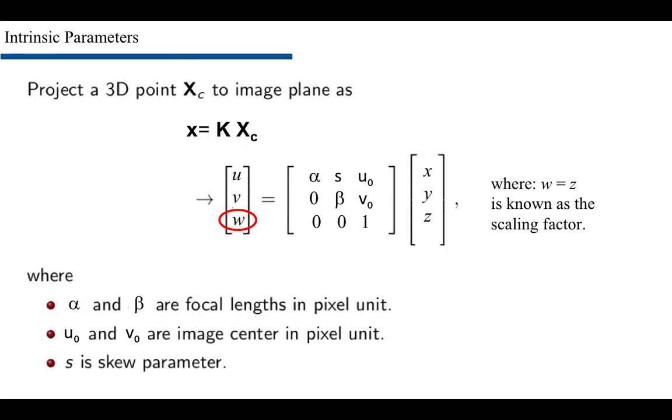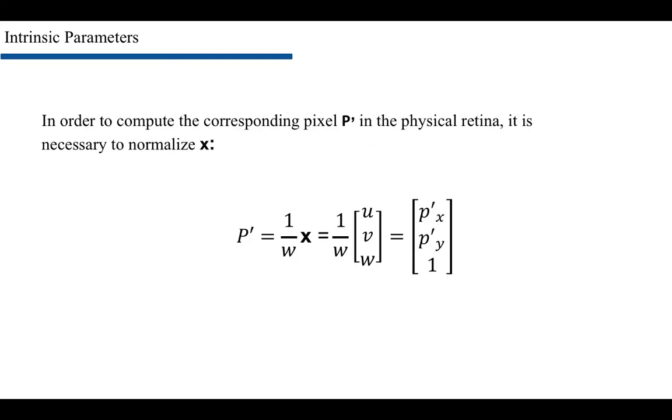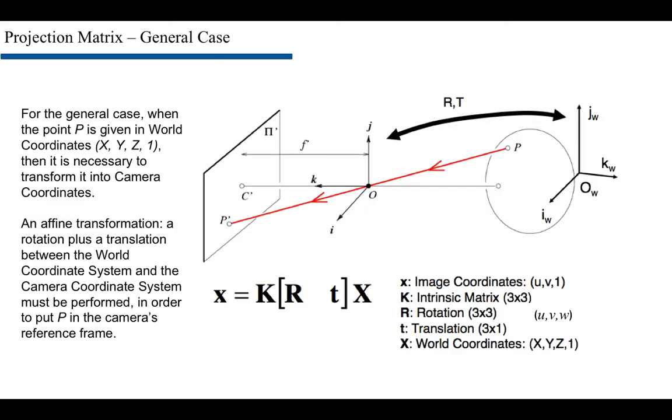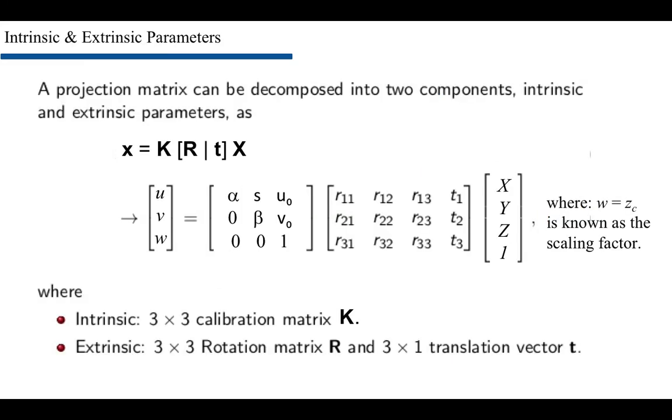Remember that the operations produce vectors that have a scaling factor, and this scaling factor needs to be removed or normalized in order to get the final position of a point in the image in pixels. We talked about the general case and the matrix algebra notation for computing this more efficiently, using a matrix built from intrinsic and extrinsic parameters.